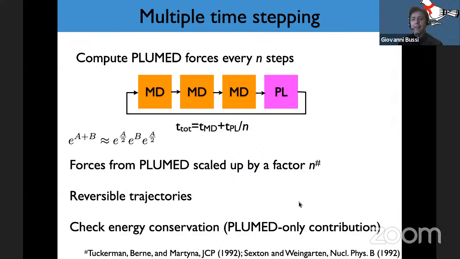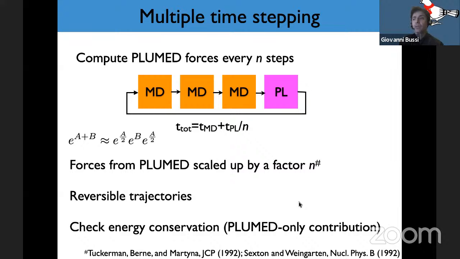So let's say you apply them every second step, but you apply twice the force. In this way, the total transferred momentum is the same. And you can see that if the factor n is not too large, you can get very good integration of the trajectory. The nice thing of this approach is that it gives you a reversible integrator. And one thing that you can do with PLUMED is that you can also check for energy conservation, but separately you can measure the non-conservation of energy that is due to the PLUMED contribution.